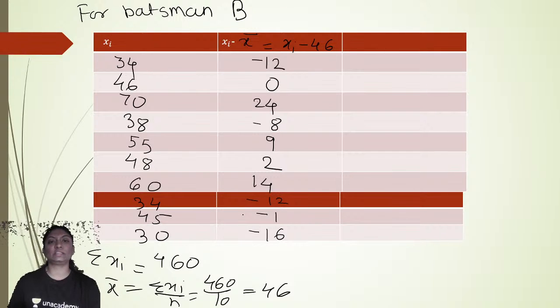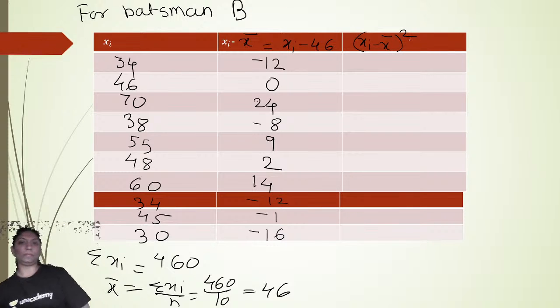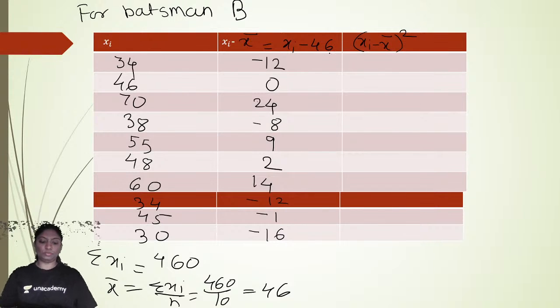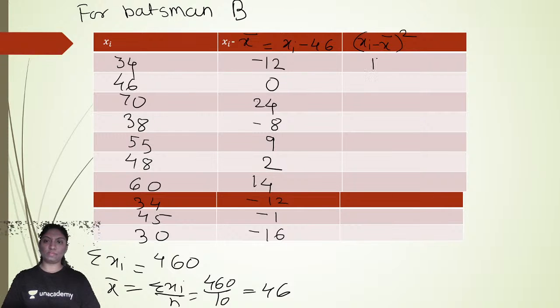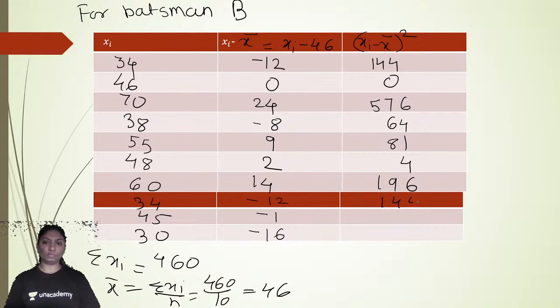इसका फिर से summation of xi minus x bar बन गया 0. चाहिए xi minus x bar का square. तो ये तो बन गया 0, minus 12 का हो गया 144, 0 का 0, 24 का 576, 8 का 64, 9 का 81, 2 का 4, 14 का 196, 12 का 144, 1 का 1, 16 का 256.